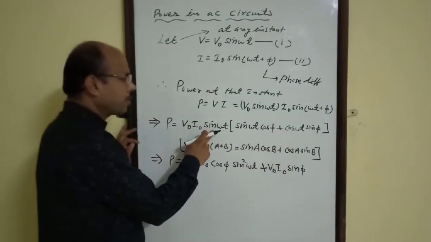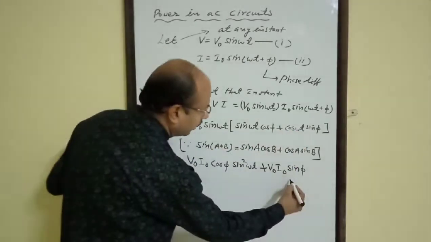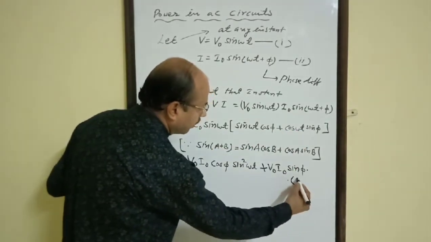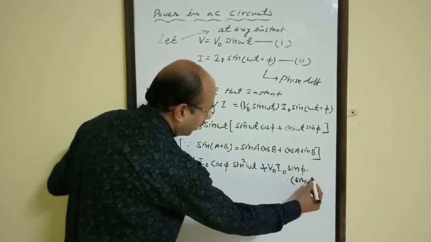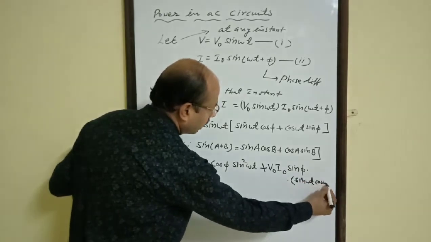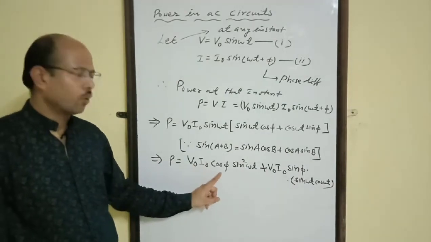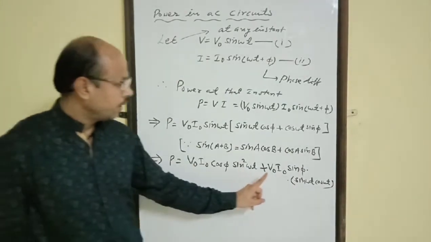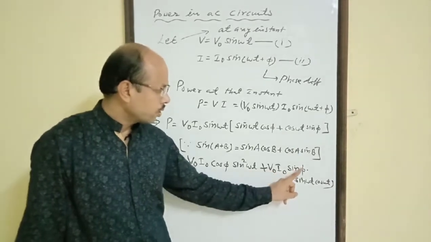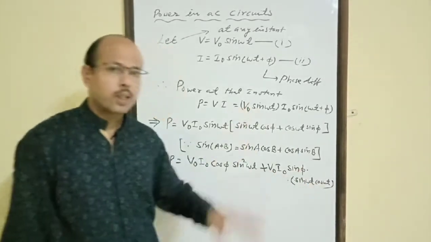So we have V naught I naught cos phi sin square omega t plus V naught I naught sin phi sin omega t cos omega t.